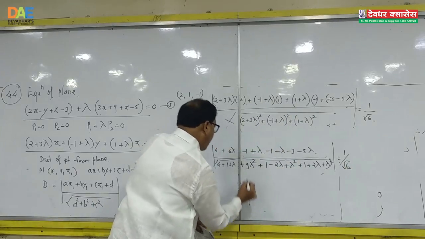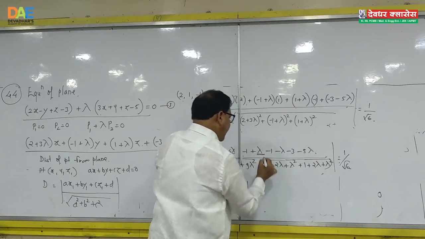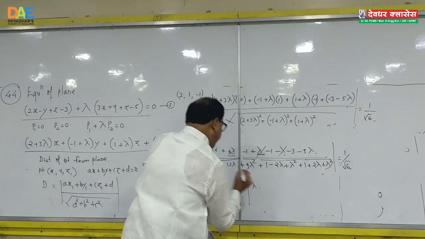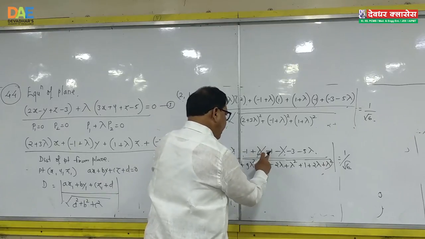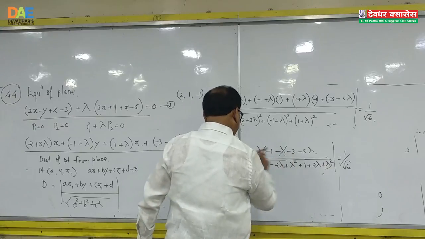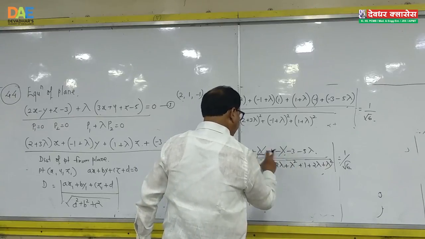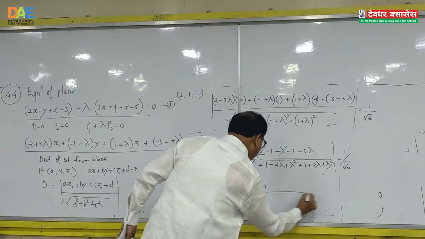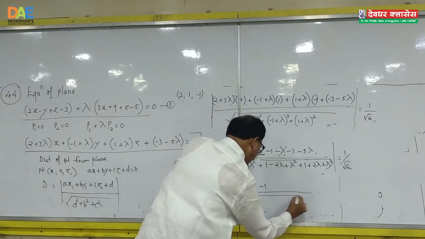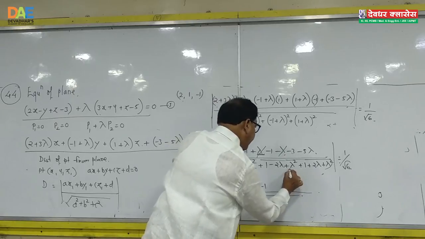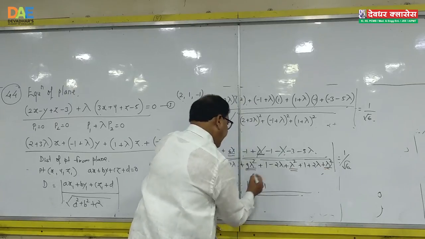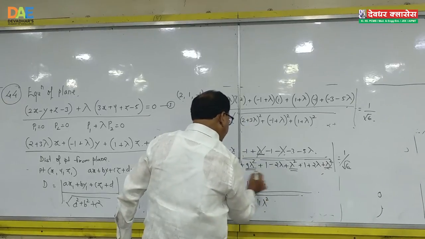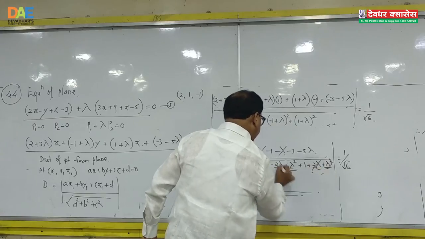Therefore, the modulus of: 6λ and 7λ, λ cancels, and 6λ - 5λ becomes only λ. And here -1 and -3 becomes -5, and +4 becomes -1, upon the root of 9λ² plus... that's equal to 11λ². Then 12λ - 2λ + 2λ, it is cancelled here.